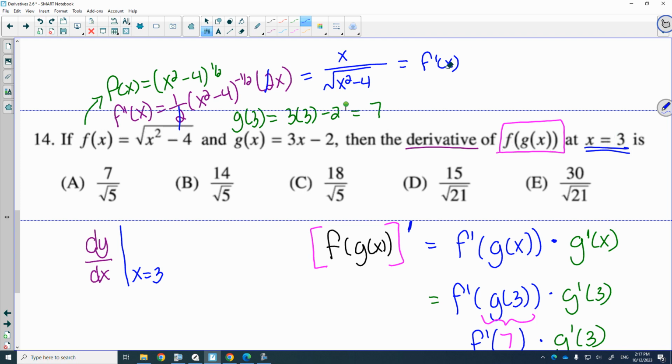So if I put a 7 in here, what would f prime at 7 be? So it would be 7 over 7 squared minus 4, so 49 minus 4. F prime at 7 would be 7 over square root of 45. And square root of 45, you need to reduce that radical. So what would the square root of 45 be?